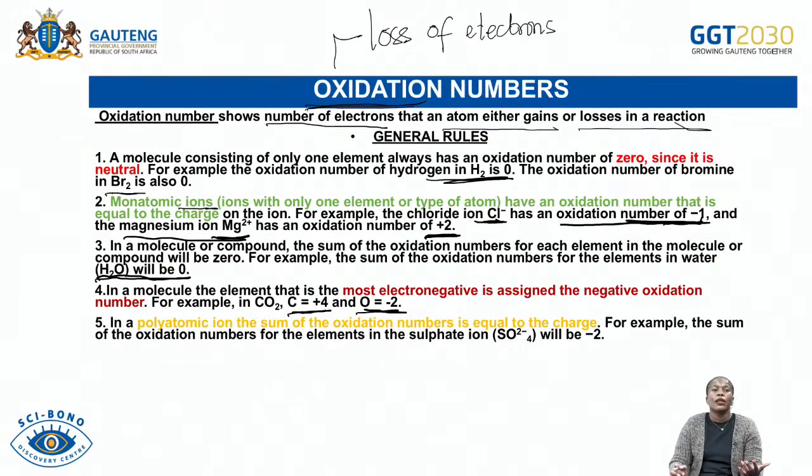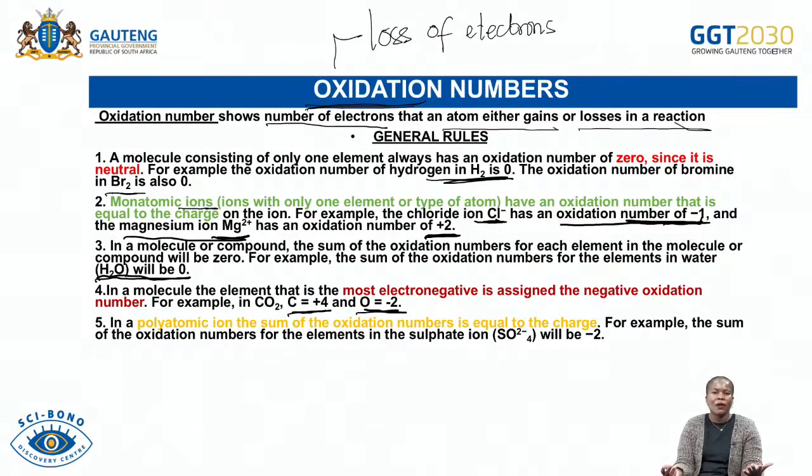All right, number 5, in a polyatomic ion. Poly means many. Because we are talking about an ion again, the oxidation number is equal to the charge, just like we spoke about in rule number 2 for monoatomic ions.